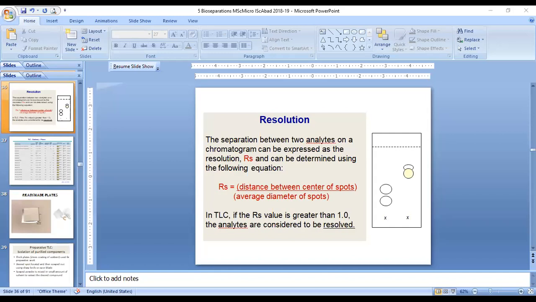तर तुम्ही जर एक असं इमॅजिन करा, एक छोटंसं कॅल्क्युलेशन करायचं आपल्याला, की डिस्टन्स बिटवीन द सेंटर ऑफ द स्पॉट, म्हणजे ह्या स्पॉटचा सेंटर जर आपण घेतला ह्याचा आणि ह्याचा, आणि ते डिस्टन्स जर आपण मोजलं, ओके, and if I divide that distance by the average diameter of the spot, म्हणजे दोन्ही स्पॉटचे डायमीटर टोटल करायची आणि मग त्याला डिवाइड बाय 2 करायचं, मग ती जी संख्या येईल त्याच्याने आपण डिवाइड करायचं कशाला? डिस्टन्स बिटवीन द सेंटर ऑफ द स्पॉट्स.